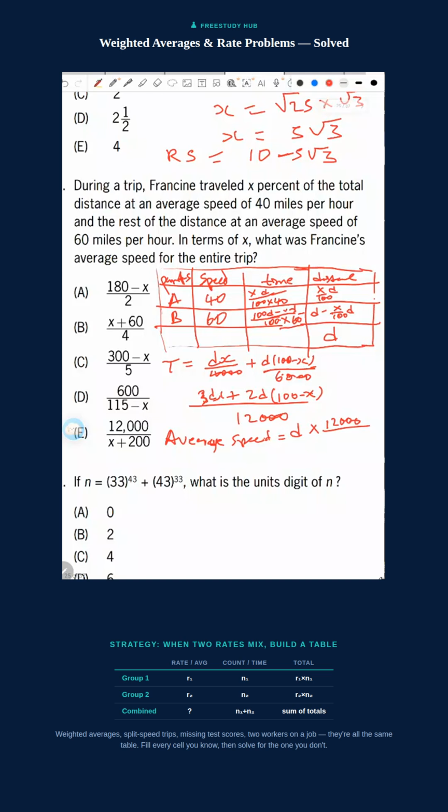Remember that there is d here and there is d here, so let's take it out. If we take d out, inside here is going to be 3s minus s.